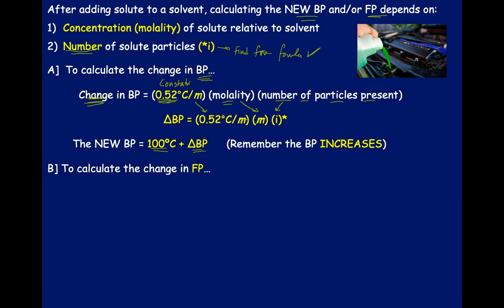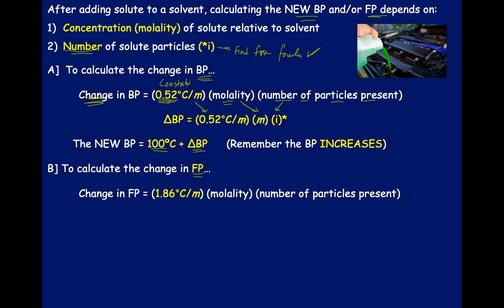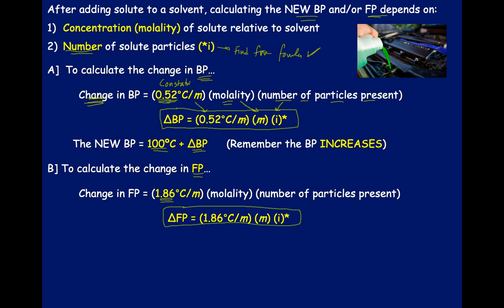Now to calculate the freezing point, it's very similar, except that instead of 0.52, we're going to use 1.86, and everything else remains the same: times the molality, times the number of particles present. So you really want to know this formula. The change in the freezing point will be 1.86 Celsius per molal times the molality times i.